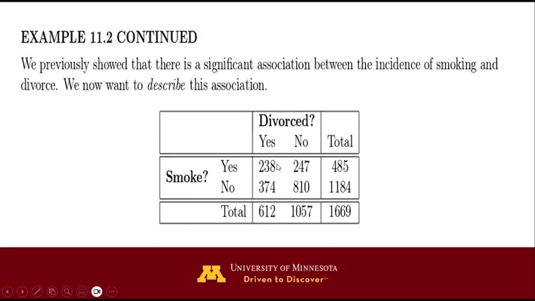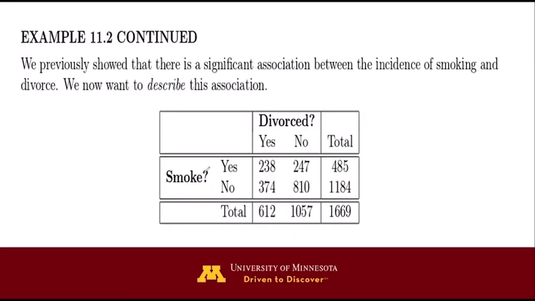Because take a look at this: 238 is the number of people that smoke and divorce. That's why it is 238. It is divided by the totality of those who smoke, 485.